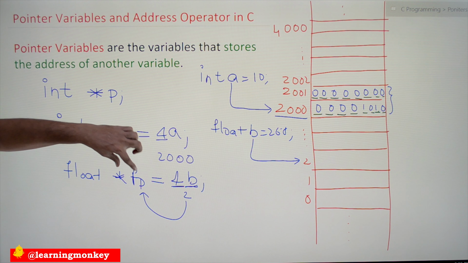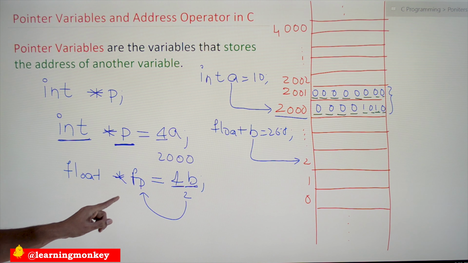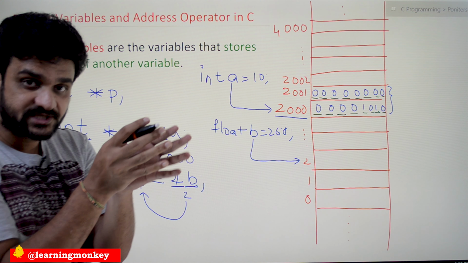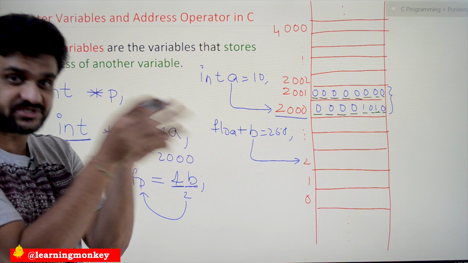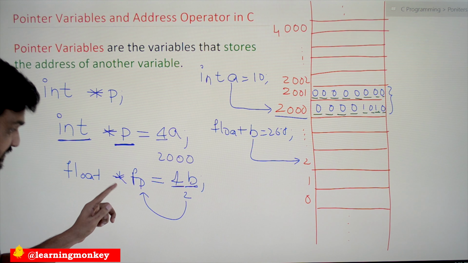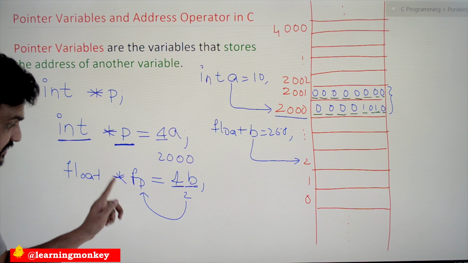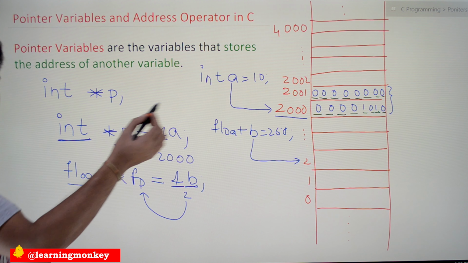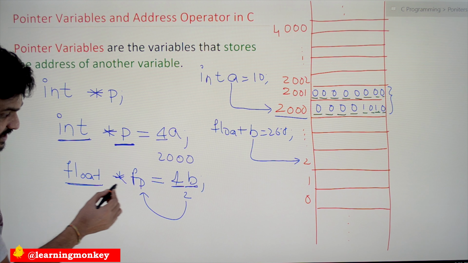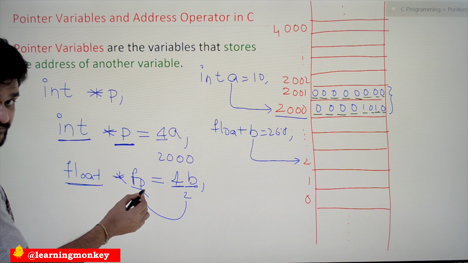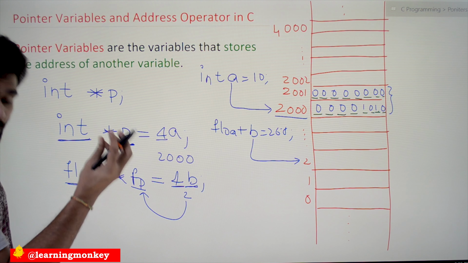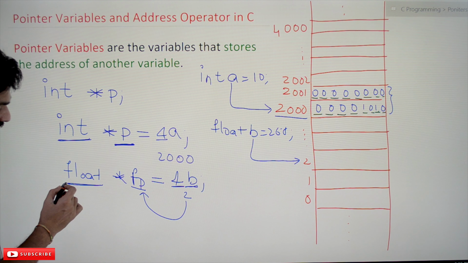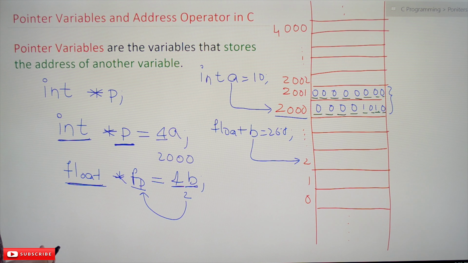For better understanding, we have taken the variable name as fp. This kind of visualization, this kind of understanding is very important, that's why I'm stressing more. So fp is a pointer variable which is capable of storing the address of a floating point variable.